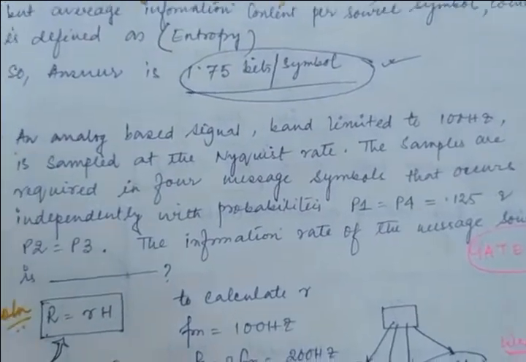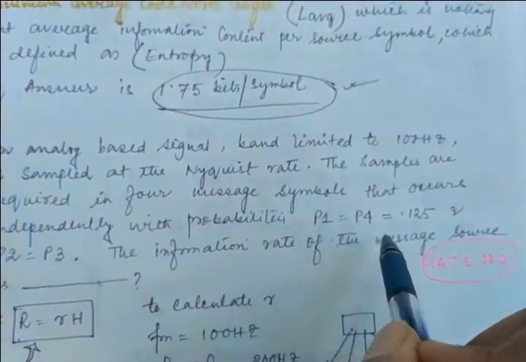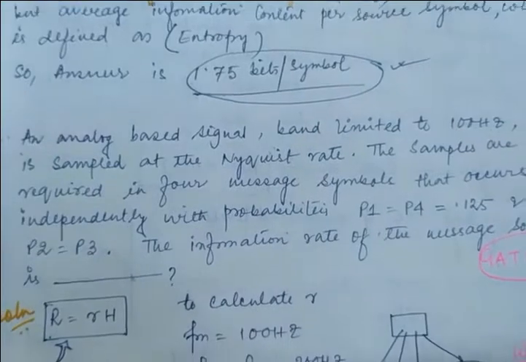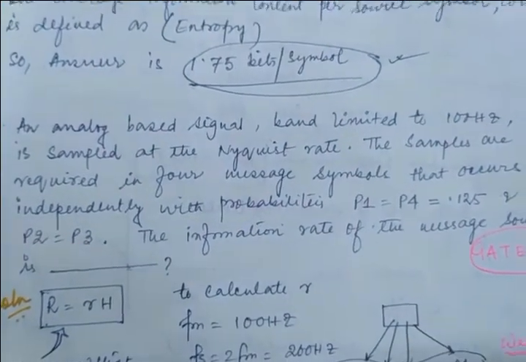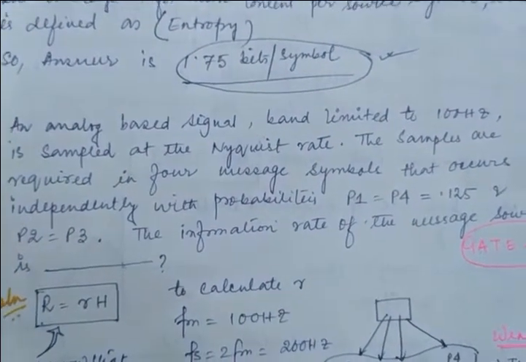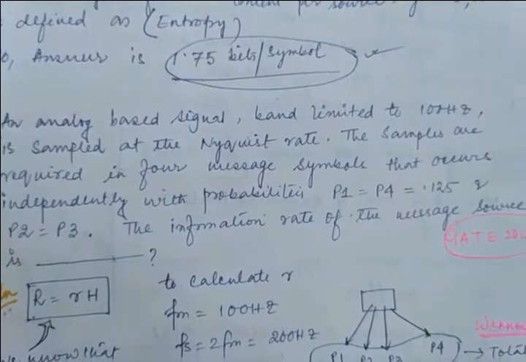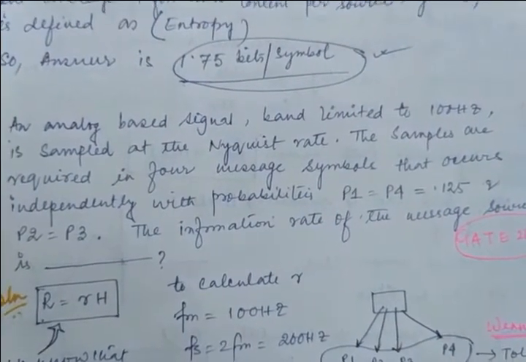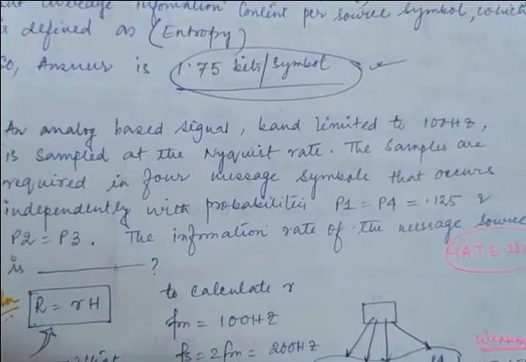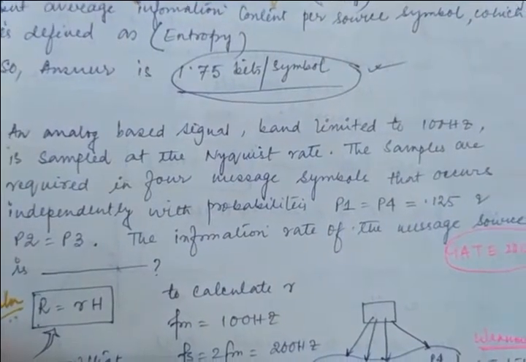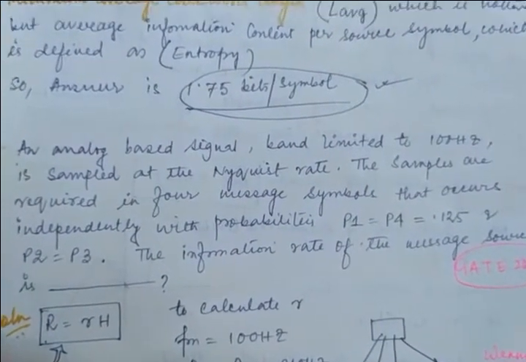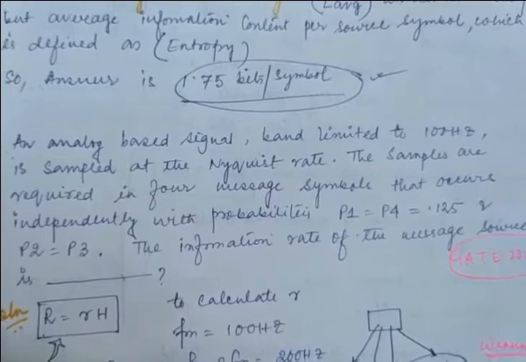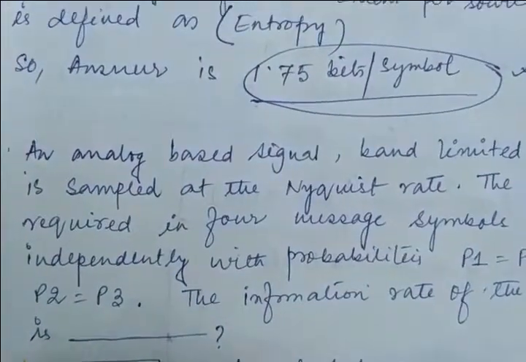Then you have to calculate the information rate of the message source. The answer options are not given, because the virtual calculator is there in your online mode screen. There are many questions without any option where you have to calculate the value and put it in. This is from that category.